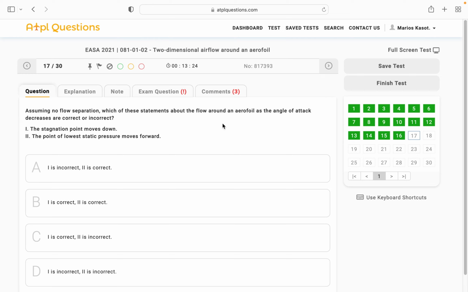Assuming no flow separation, which of these statements about the flow around an aerofoil as the angle of attack decreases are correct or incorrect? The stagnation point moves down as angle of attack decreases.